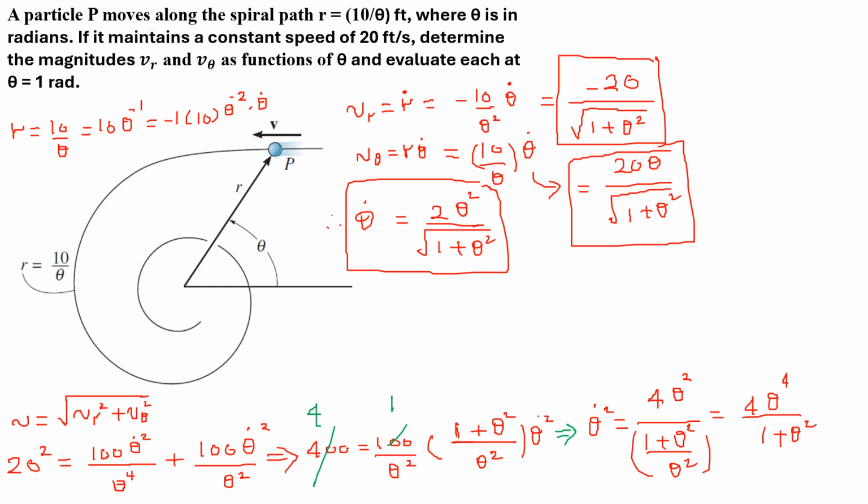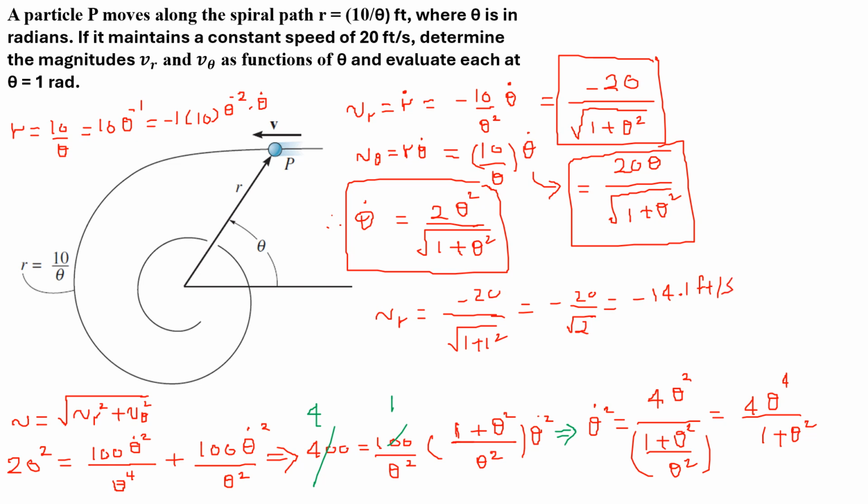So now Vr simply will be minus 20 over 1 plus 1 square, so minus 20 over root 2. Putting this into the calculator, I got negative 14.1, taking 3 significant figures, feet per second.